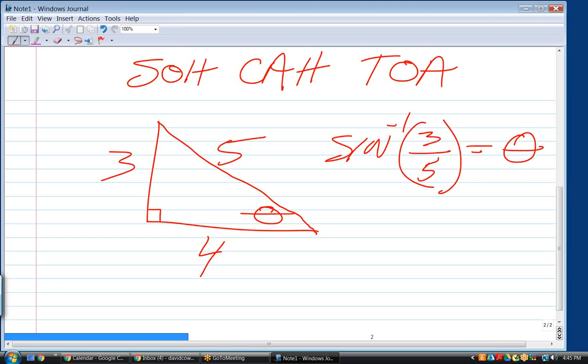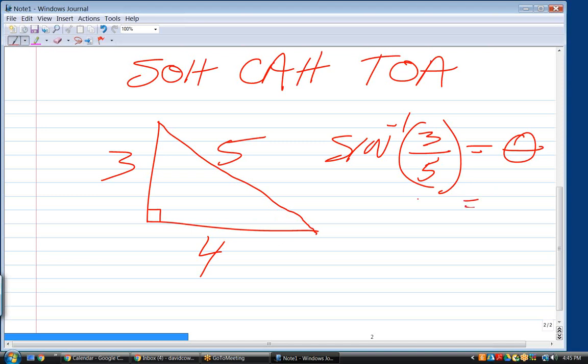So in your TI Inspire, hit the trig key and choose inverse sine. Then put either 3 over 5 or 0.6. I got 36.86.